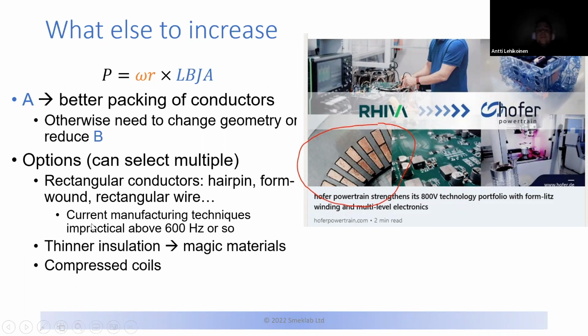But anyways, like I mentioned, some kind of insulation is needed between the conductors and the iron, and between the different conductors, and it has to be of certain thickness, usually some 0.2 millimeter, something on that level. Could be smaller, could be higher, but something is needed.